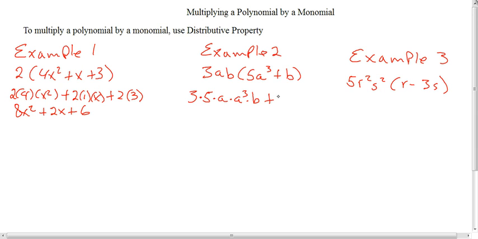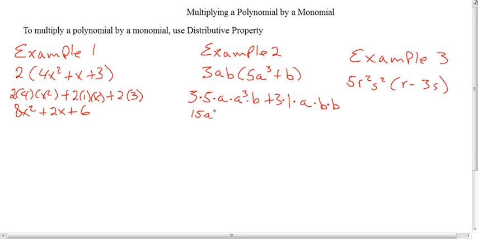So now we've got 3 times 1, and that's going to be times a, because there's no a in there, and then times b times b. Okay, so then when we go and multiply, we're going to have 3 times 5, which is 15, and then we have a to the 1 plus a cube.